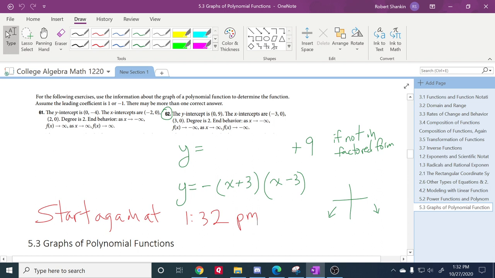But the only choice I had was making the leading coefficient positive or negative 1, since it says the leading coefficient is 1 or negative 1. Then we were forced into making it negative, and it checks that if x is 0, you'll get negative 3 times negative 3, which is positive 9.